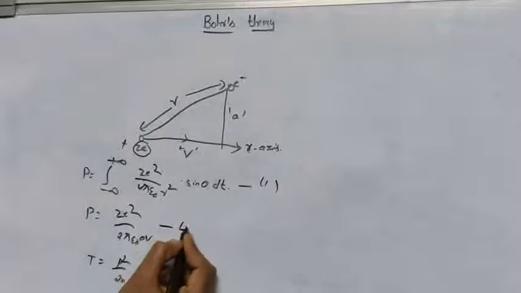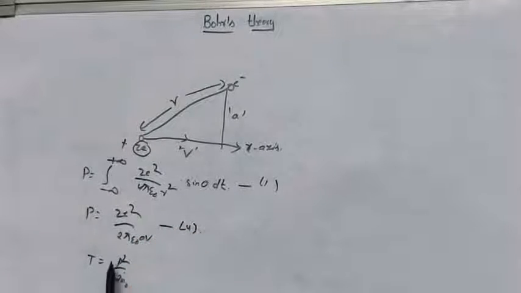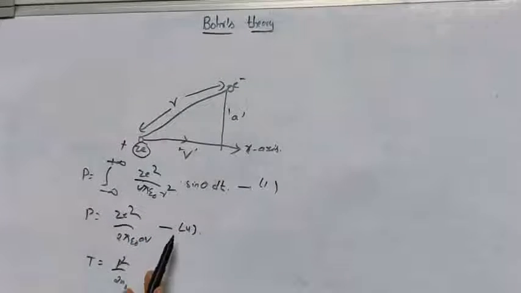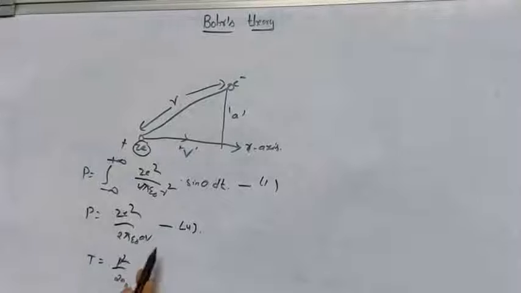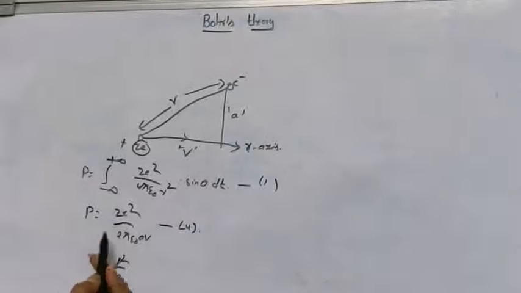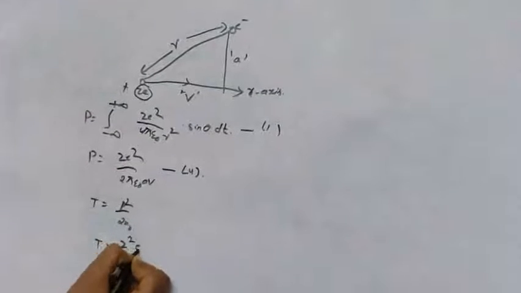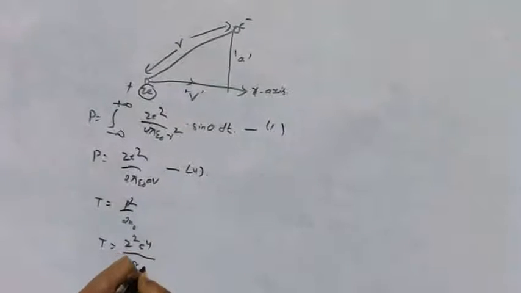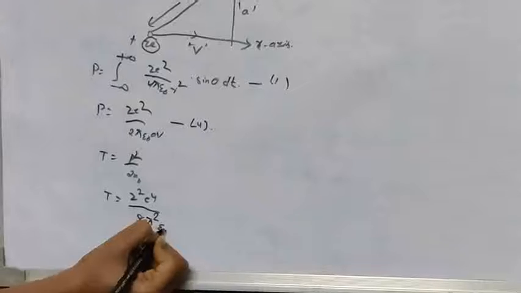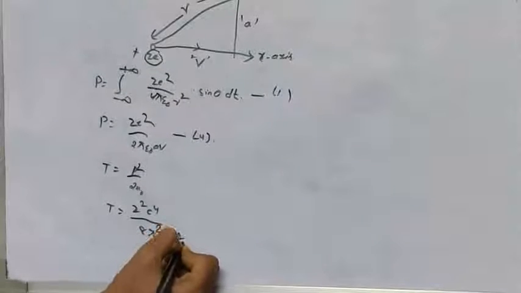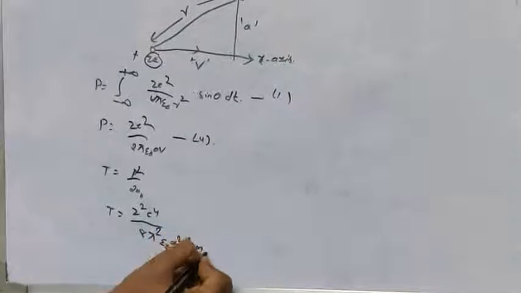Just by substituting the P value in this equation, we have derived finally T is equal to Z square e power 4 by 8 pi square epsilon naught A square V square into m naught.